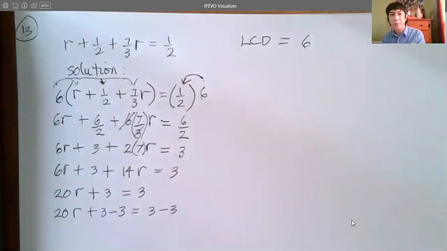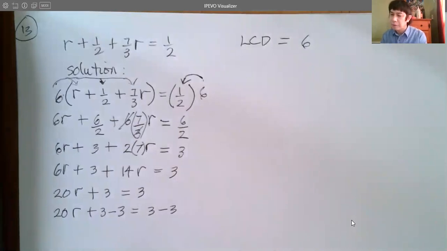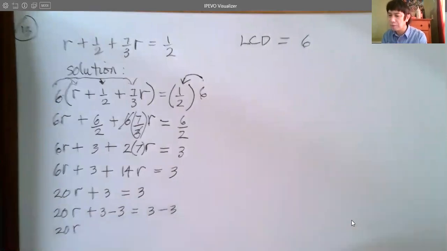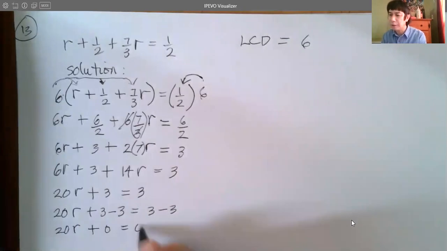That's subtraction property. If you subtract some amount from one side of the equation, you also do that in the other side. Okay. So this gives us simply 20R plus 0 now is equal to 0 also on the other side. And this is simplified to 20R equal to 0.